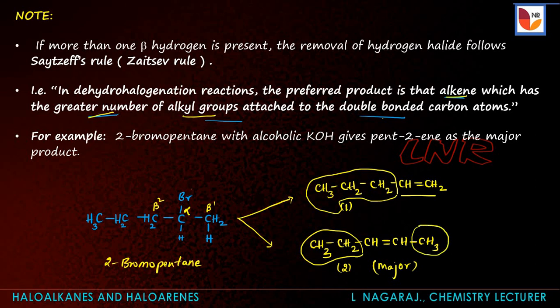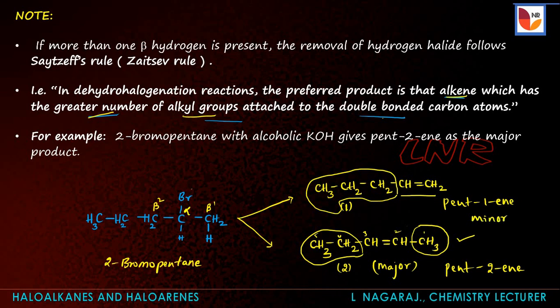So the preferred product is pent-2-ene, which is the major product, and pent-1-ene is the minor product.